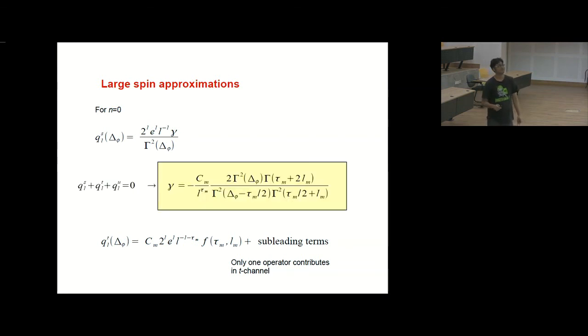And if I use my expression QS plus QT plus QU, which is basically the new Bootstrap conjecture that I'm using, I'll directly get this gamma equal to this thing, which is nothing but this exact same form that I got in the Lightcone Bootstrap.